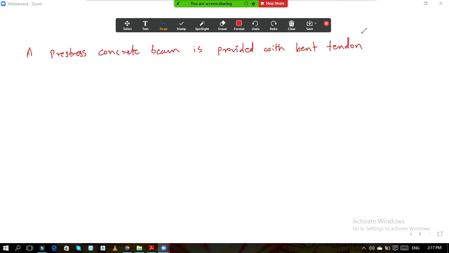The beam carries a point load of 150 kilonewton at center. Determine the stress distribution at midspan section of beam.